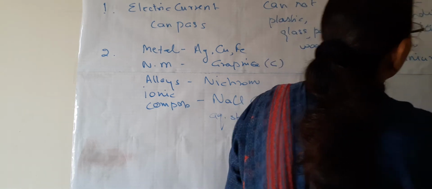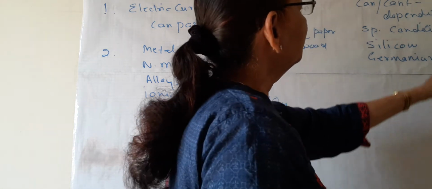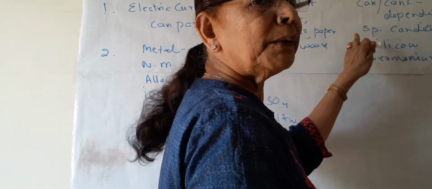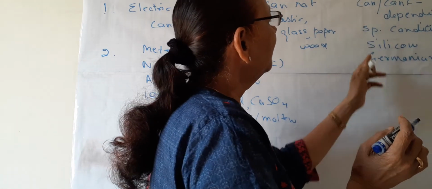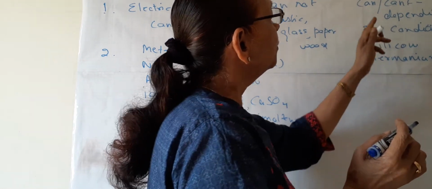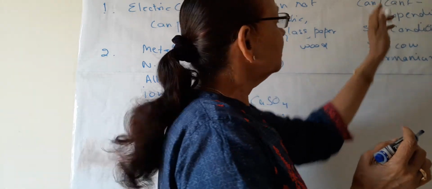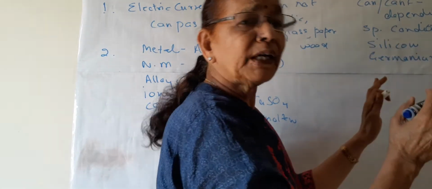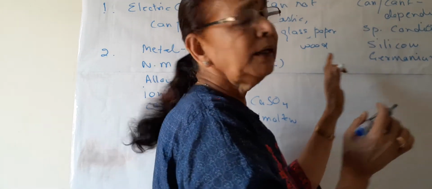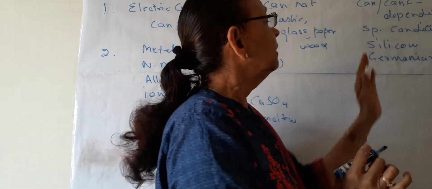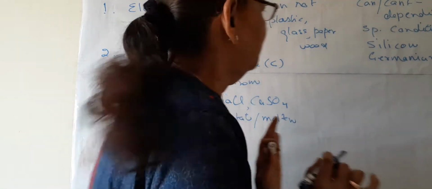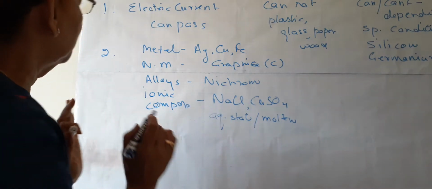So these are the 14th group elements. These two are metalloids, in between metals and non-metals, and they are used as semiconductors, and in specific conditions the electricity can flow through silicon and germanium. So this is the second point.